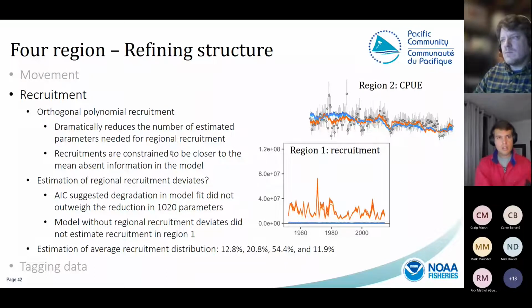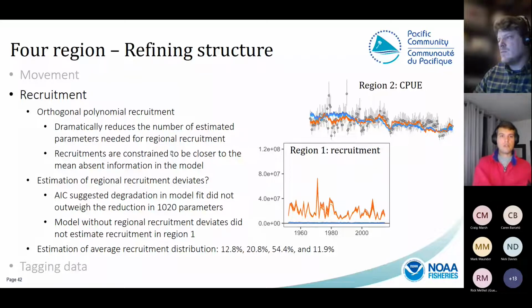We didn't end up using the orthogonal polynomial parameterization just because there's a few things that need to be tweaked on it before it's ready for prime time. But at least in this example, it did show some promise, so it's worth mentioning here.